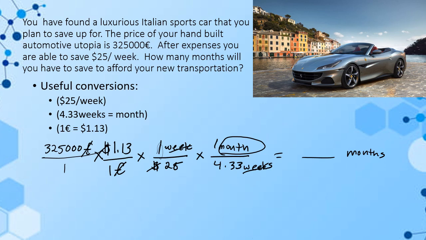And then I will divide it by 1 times 25 times 4.33. But it's important that I multiply all that first. So I'll multiply 1 times 25 times 4.33. And divide 367,250 by that result. So it looks like this.